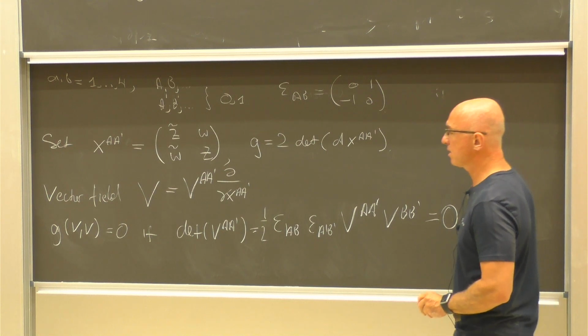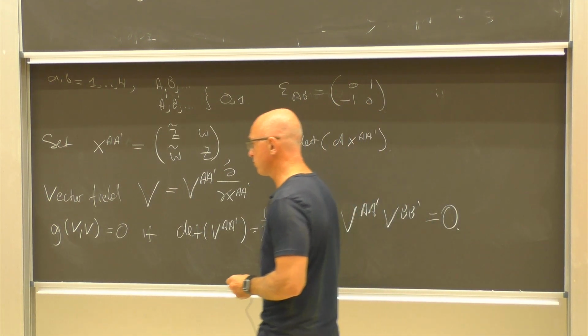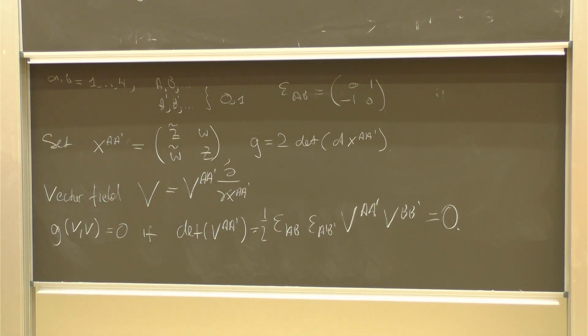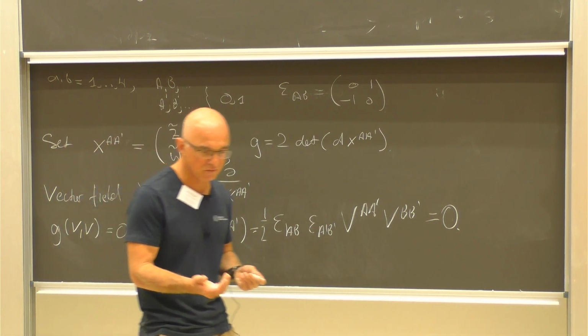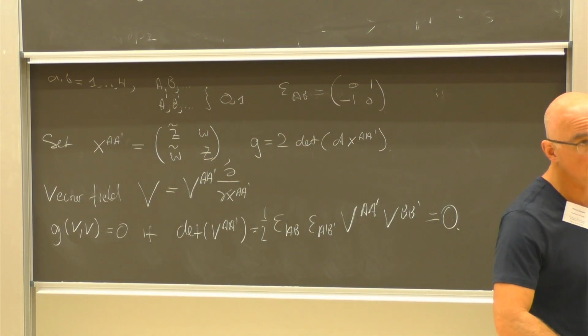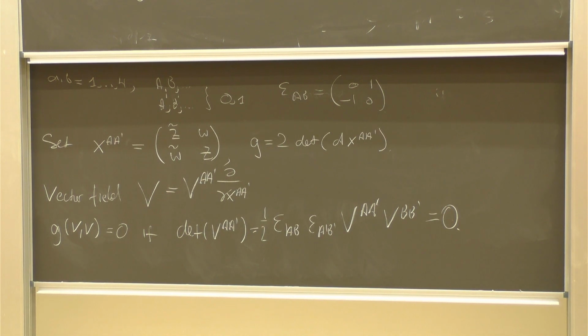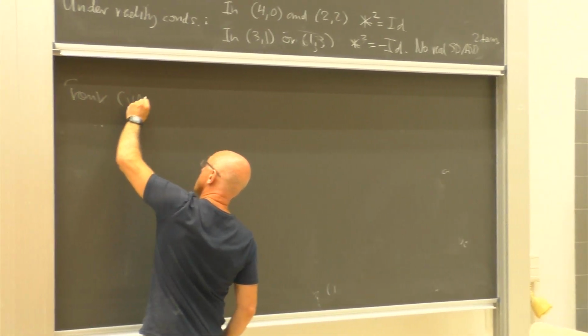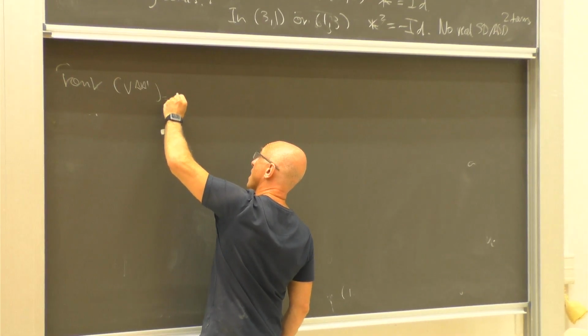Okay, so now referring to everybody's knowledge of linear algebra, if you have a 2 by 2 matrix and it has determinant 0, and this matrix is not identically 0, what happens to the rank of this matrix? Well, it has to be 1. The non-zero matrices with determinant 0 have rank 1. So the rank of this matrix V AA prime equals 1.